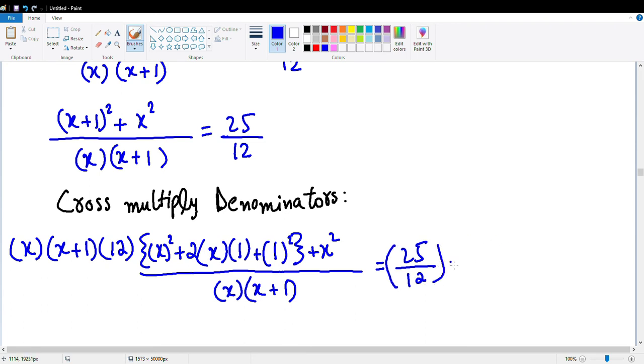And we're going to multiply with x into x plus 1 into 12. You can see over here that 12 and 12 will cancel. Over here, x plus 1 and x into x plus 1 will cancel. So now we have 12 on the left-hand side.